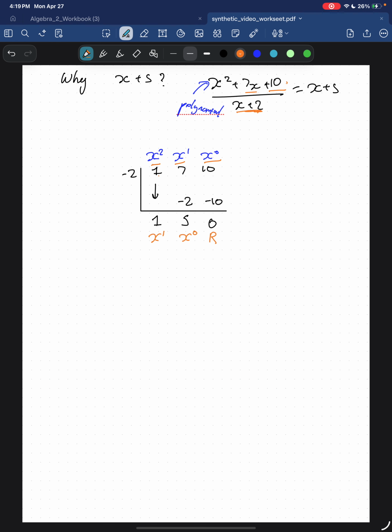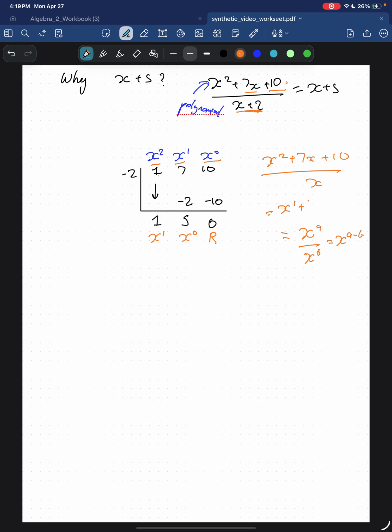But if I divide an expression like x squared plus 7x plus 10 by x, using the rule that x to the a over x to the b is x to the a minus b, this becomes x to the power 1.